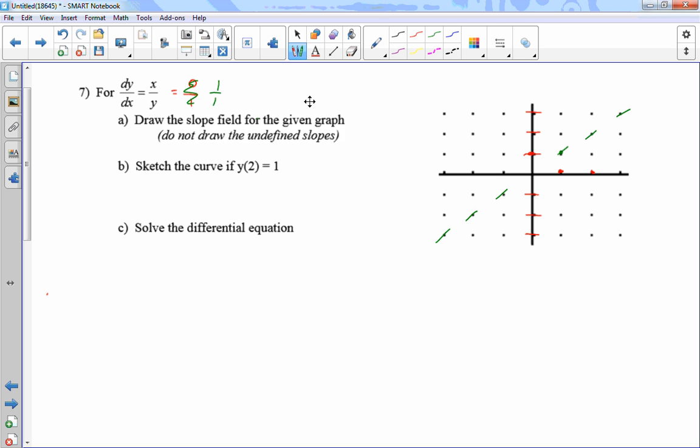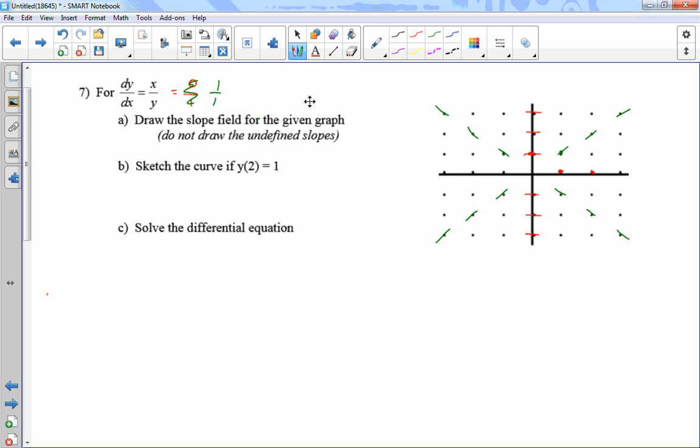Quadrants 2 and 4. For this point right here, you plug in negative 1, comma 1, negative 1 divided by 1 is negative 1. Negative 2 divided by 2, negative 3 divided by 3, because we have opposite signs, so we get a negative slope. And then you go through and fill in all the rest with slopes.